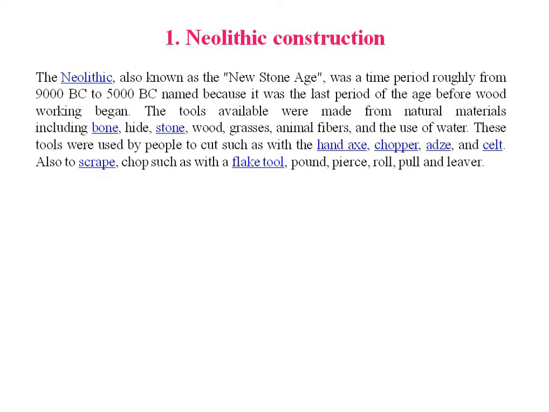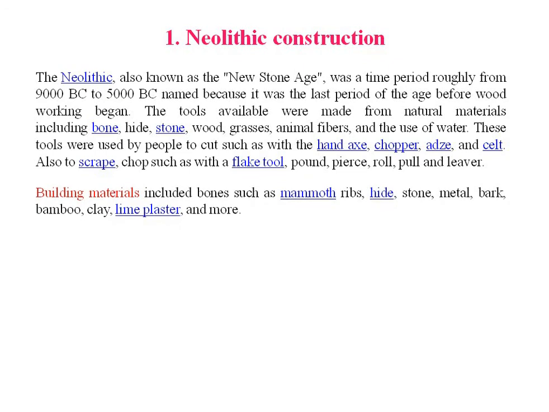Now we know all of these natural materials which man used in the Stone Age, and then they were developed over years, and we are getting very important materials for construction.